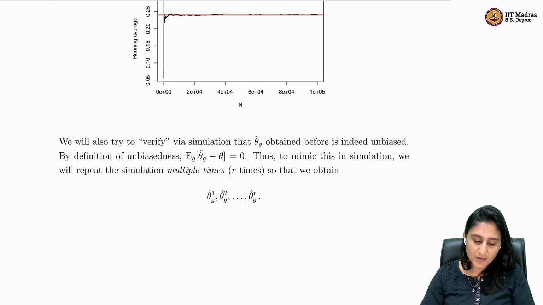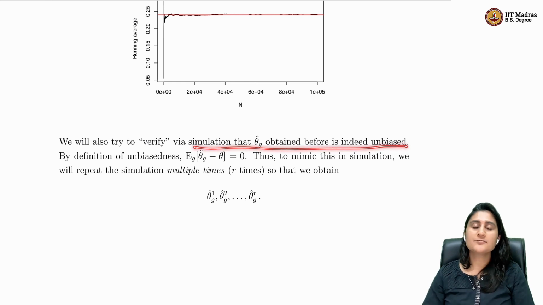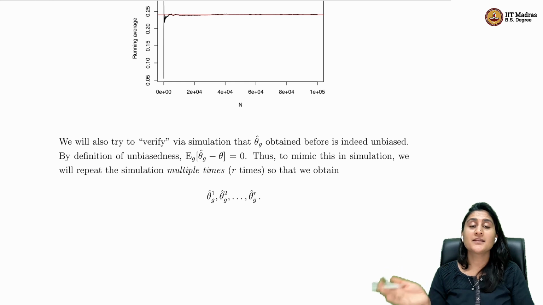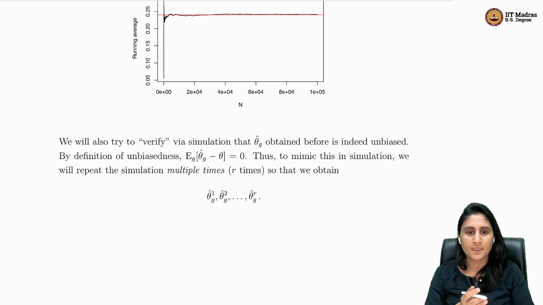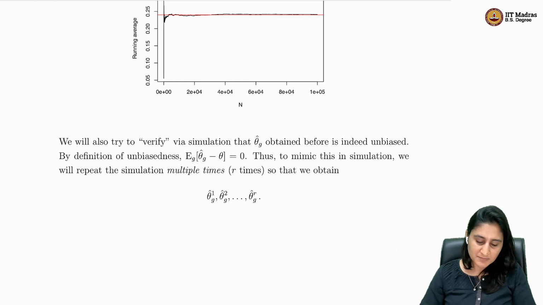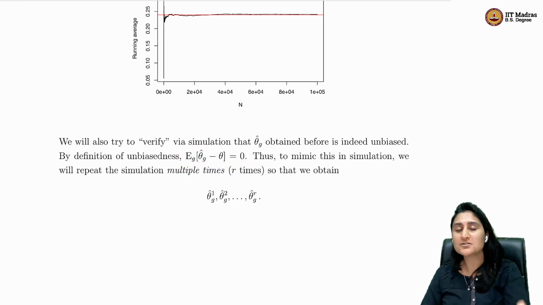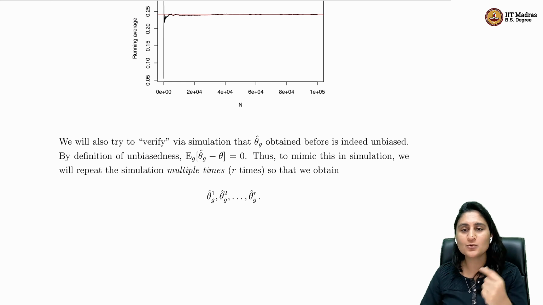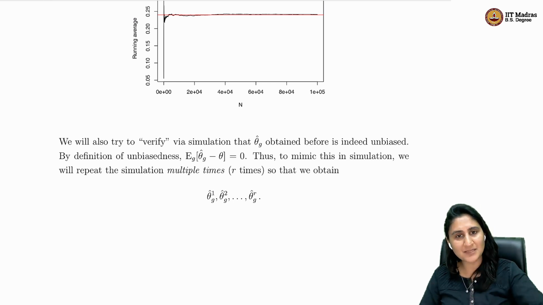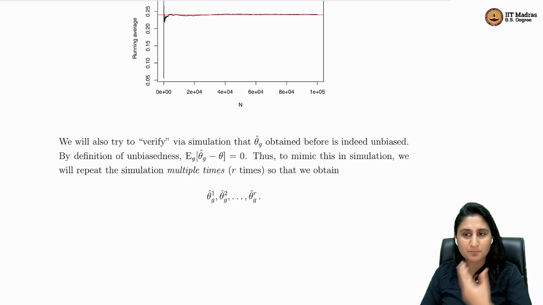The thing is that unbiasedness is a concept pertaining to the expectation of a random variable. Okay, so unbiasedness means that the expectation of theta hat g minus theta is 0. So somehow I need to show that this expectation is 0. But the expectation of a random variable is related to its behavior in repeated sampling, in repeated data, right?